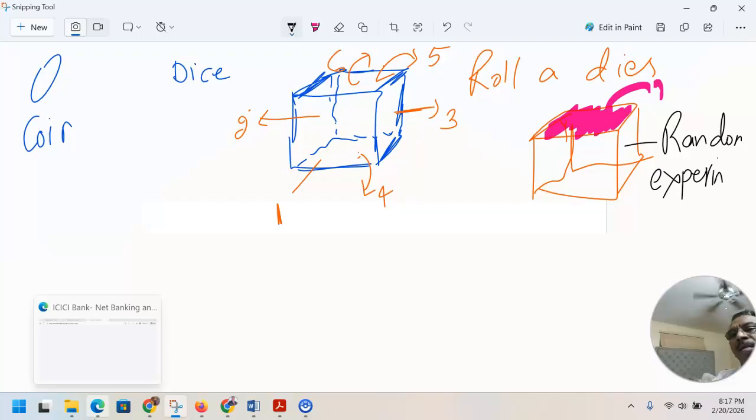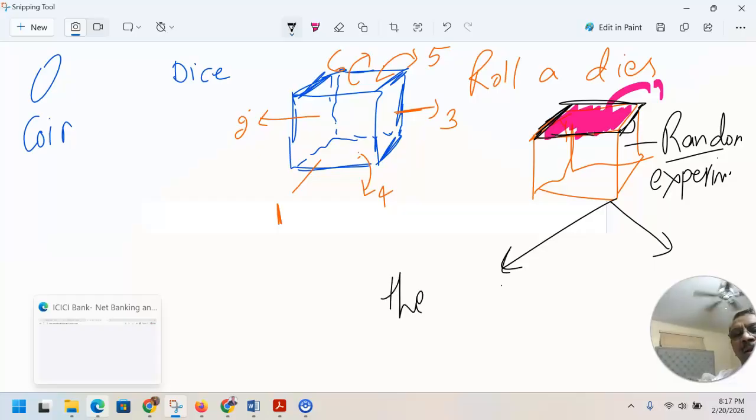If I do this random experiment, there are two things we are going to learn. One is called theoretical probability. Theoretical probability has to do with reasoning. We use our common sense, like a theory type.